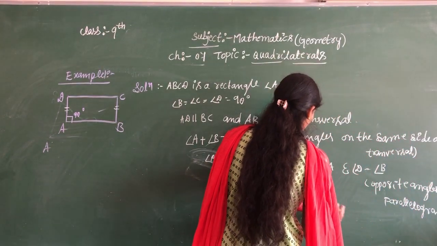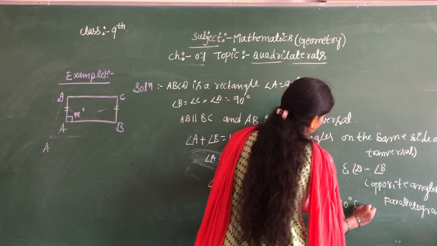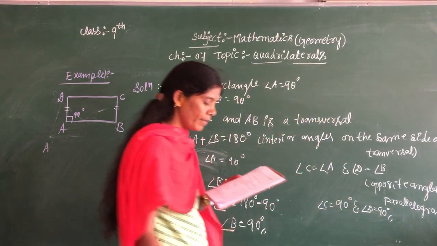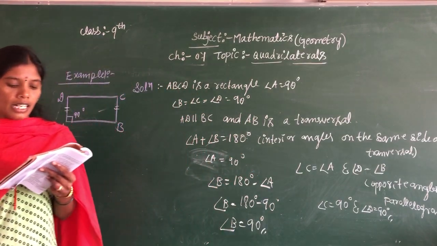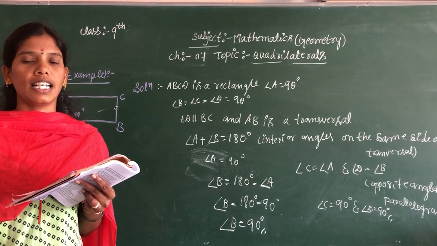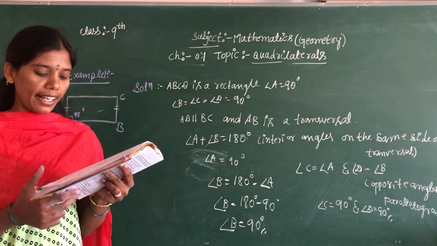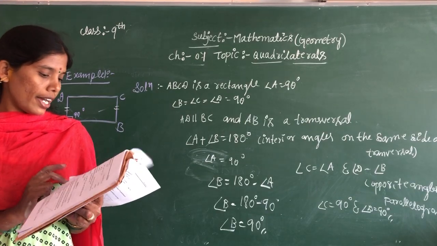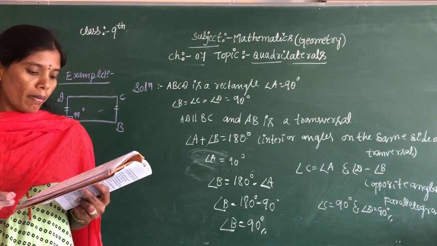Angle C is equal to 90 degrees and angle D is equal to 90 degrees. Okay children, yes. So each angle of a rectangle is 90 degrees, and 90 degrees is nothing but a right angle. Okay children, so in total there are still 5 example problems.